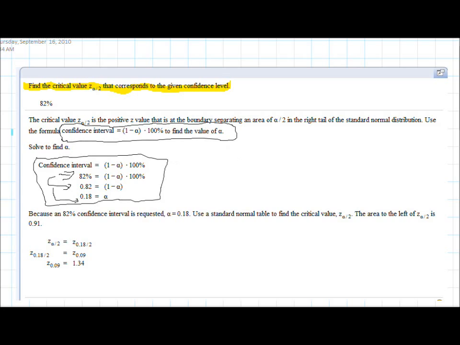And from here we're not quite done, because we need to really know what this thing is. Z of alpha over 2. Well, all we have is alpha at this point.